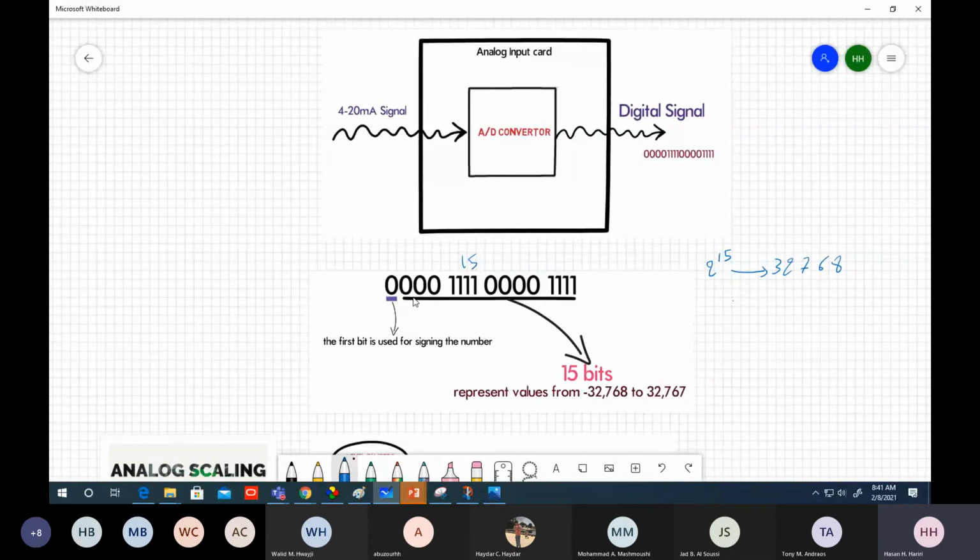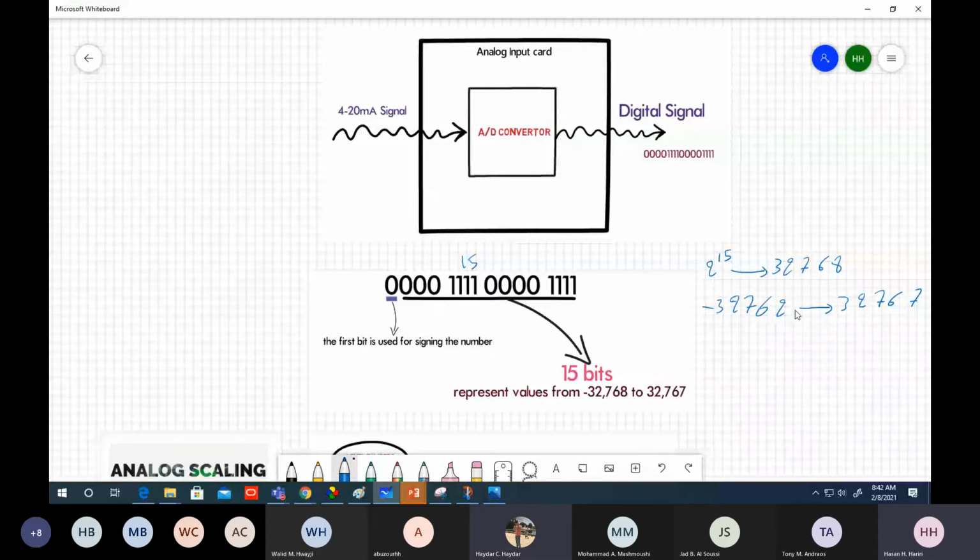If the sign is 0, conventionally we consider it as positive, and if it is 1, we say it's a negative number. So now I can count between minus 32768 up to 32767. Why 767, not 768? Because there is 0, so 0 we consider it.